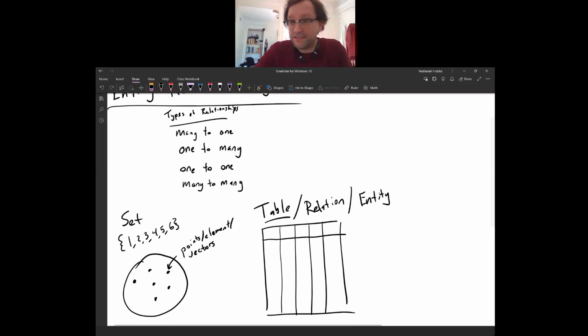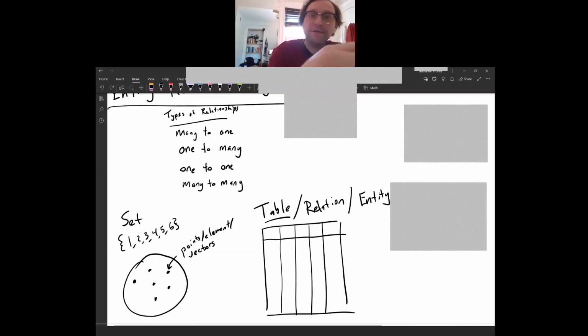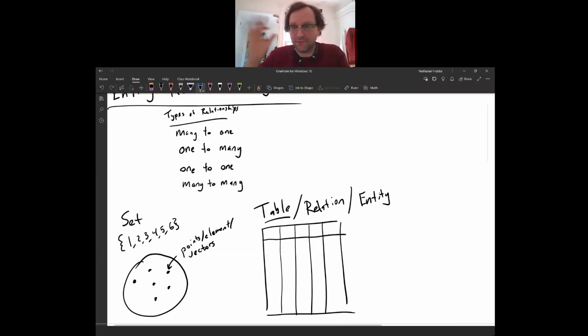So the set idea we'll come back to, but both of them are equally valid. It's like, is light a particle or is it a wave? It's both. Whichever circumstance you prefer one interpretation, use that one. It's good to know both, though.